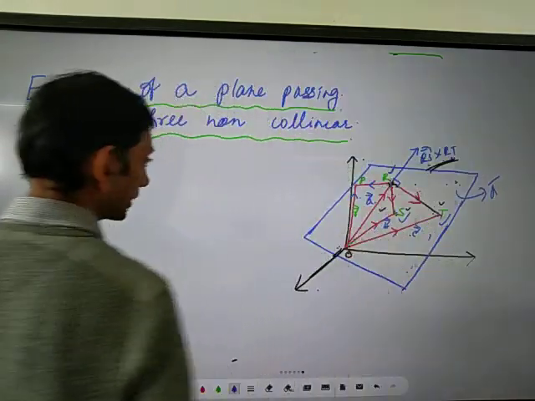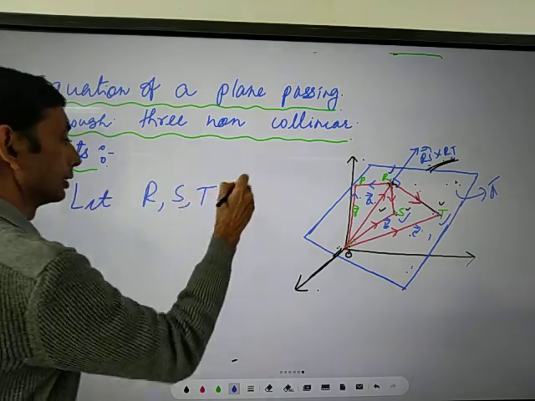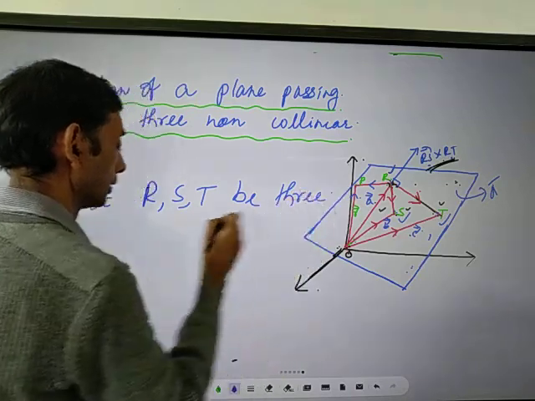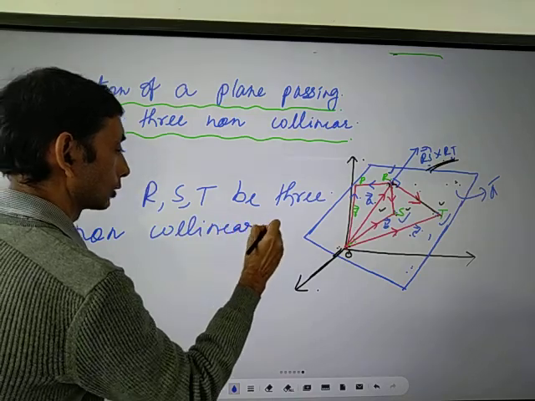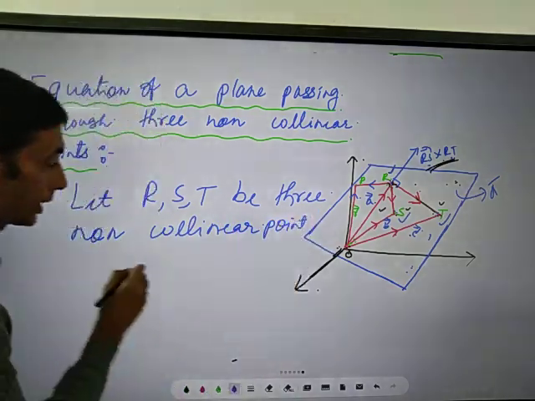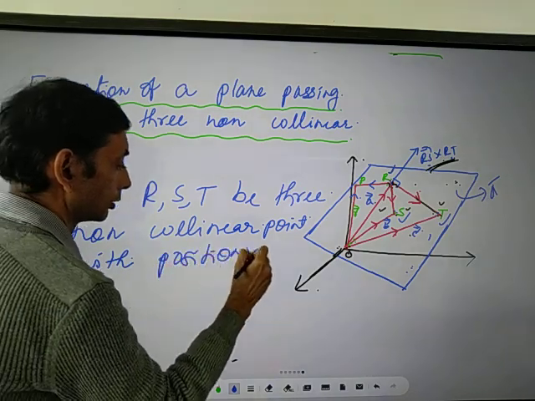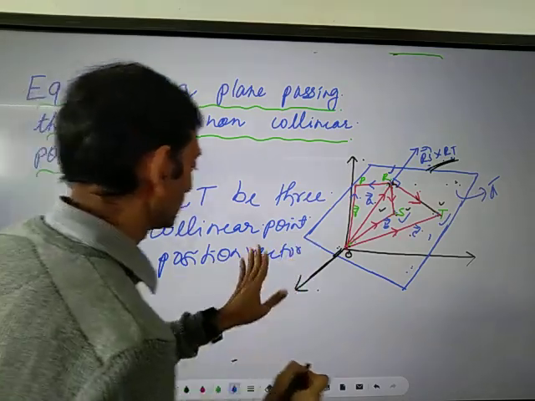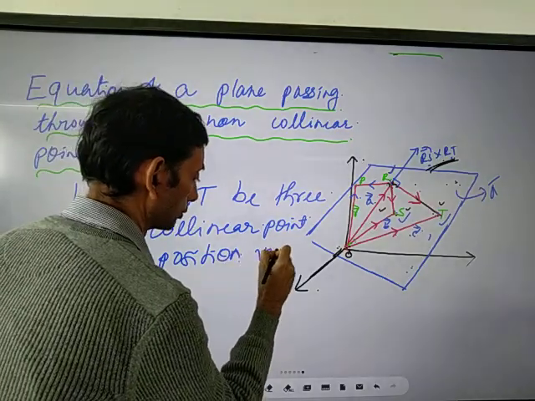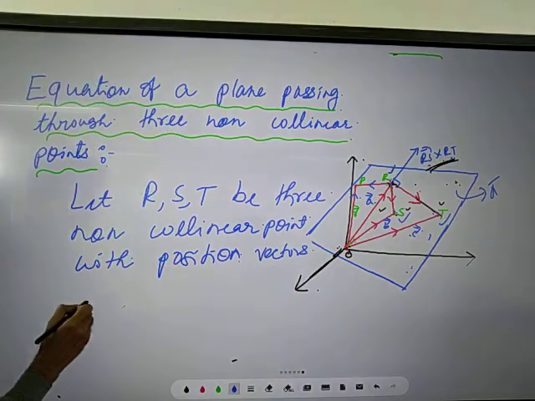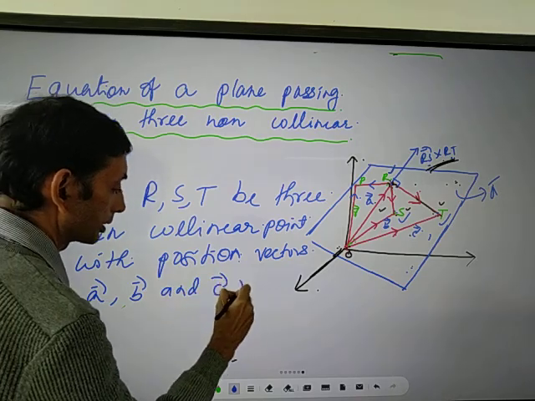Now, let's start the theory like that. Let the plane pass through R, S, T, which are three non-collinear points with position vectors A, B and C respectively.